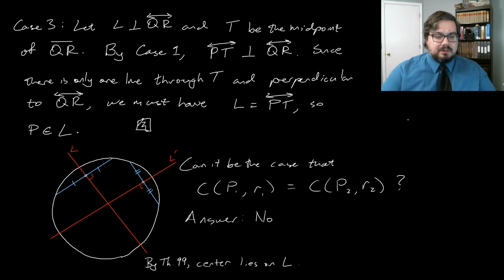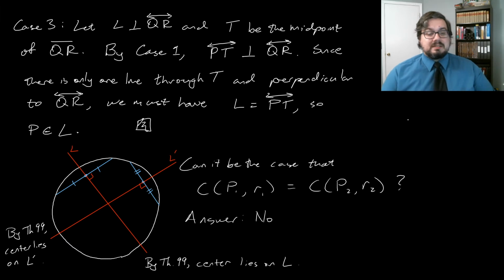And it's perpendicular also to this second chord. So by theorem 99, the center lies on L prime also, because L prime is a line which passes through the midpoint of a chord and is perpendicular to the line containing that chord. But that means that the center of this circle has to lie on both L and L prime. And something that we know from the very first day of class is that two lines intersect in at most one point.